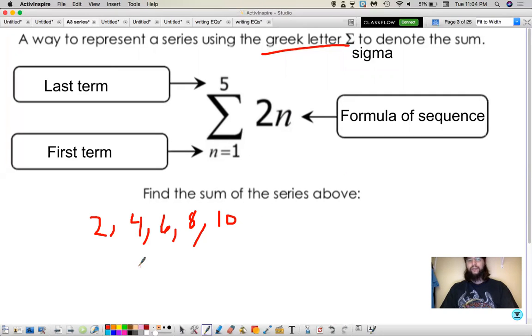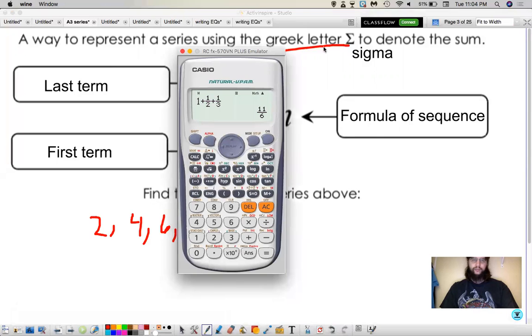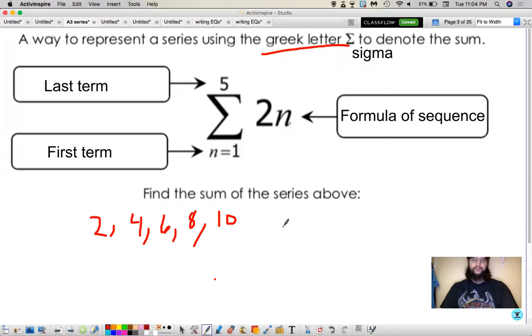Then I add it up, and we get 30. You can calculate if you don't believe me. 2 plus 4 plus 6 plus 8 plus 10 is 30. Magic. So this sum right here is equal to 30.